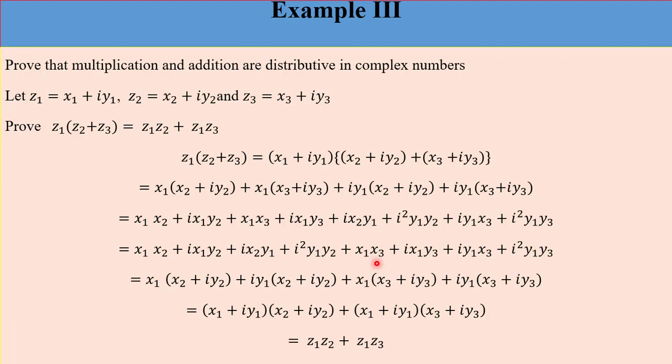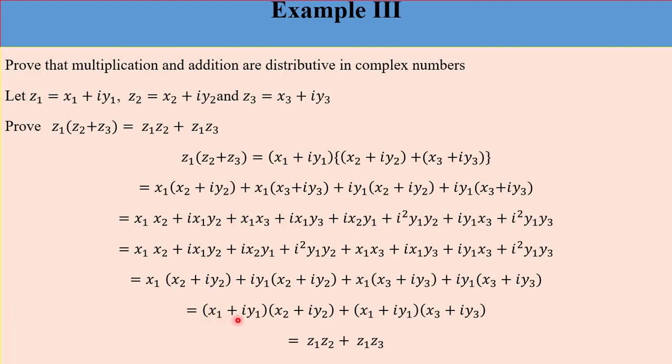Then we can also pull out x1, so we shall have x1 into x3 plus iy3. Then we pull out iy1, so we shall have iy1 into x3 plus iy3. Then since this term is the same as this, we shall factor it out.